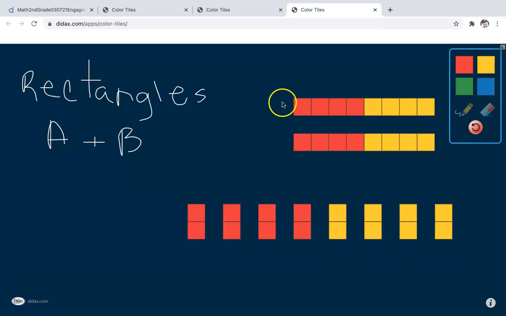So whether I do 2 groups of 8 or 8 groups of 2, I'm still going to have the 16.